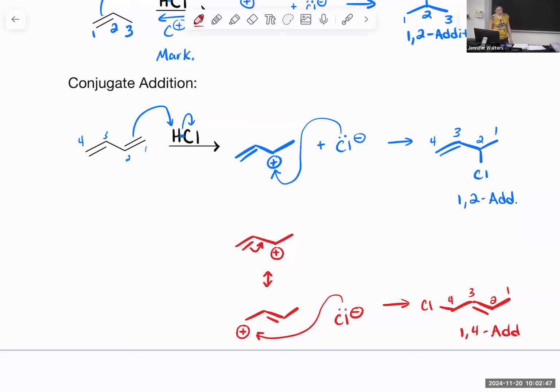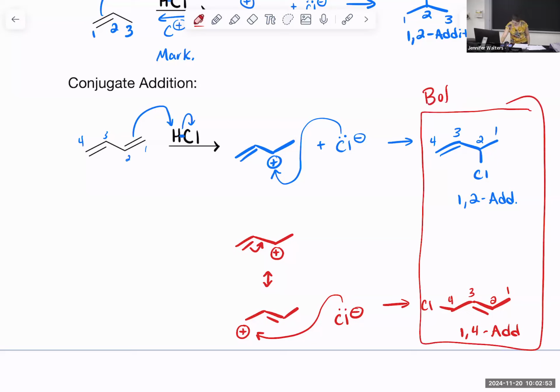And we get both with our conjugated diene. You see both products. Both are formed.